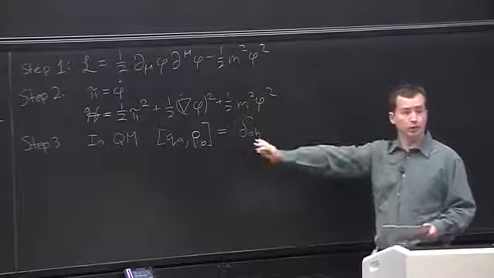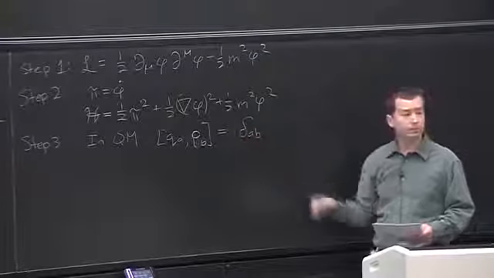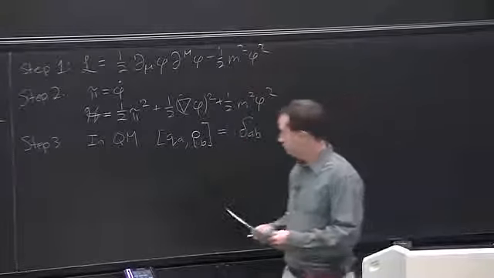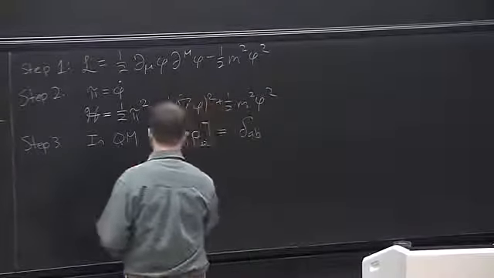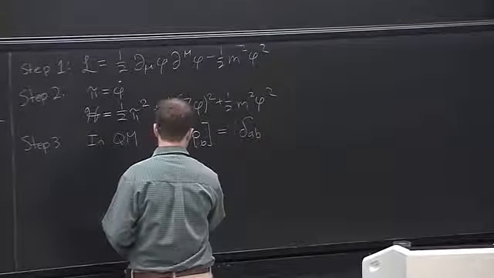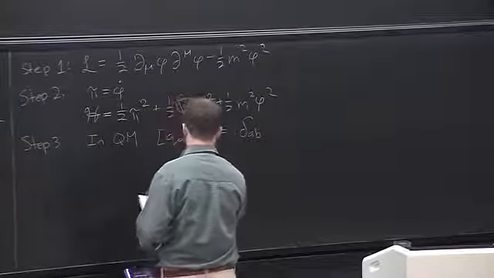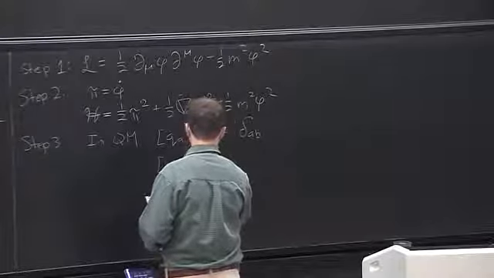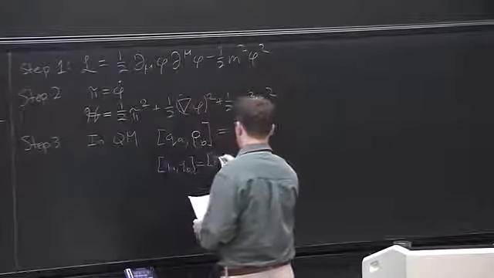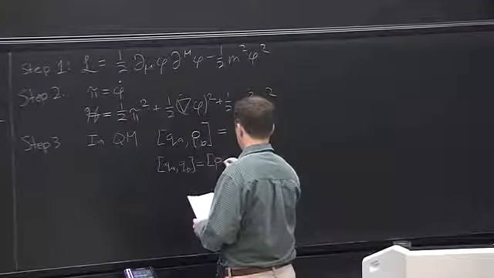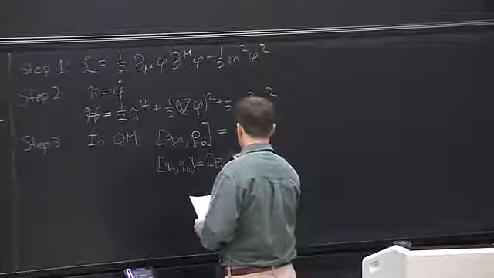Remember, we're working in natural units where h bar is 1. And everything else commutes. So all of the generalized coordinates commute among themselves, as do the conjugate momenta.